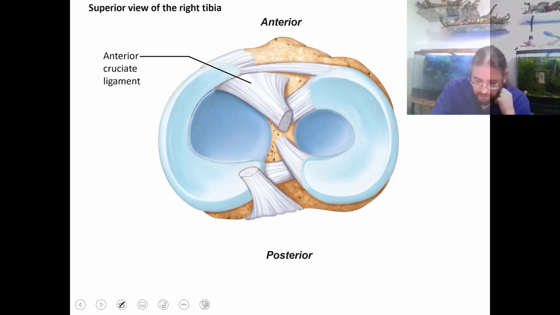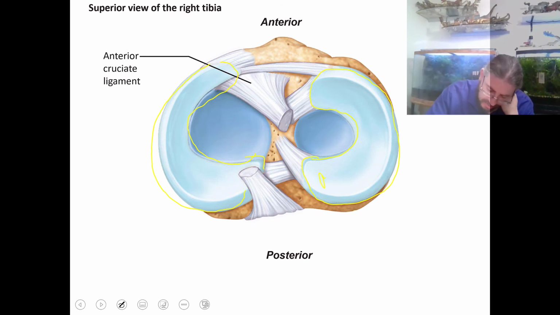A superior view of the proximal end of the tibia, really showing our meniscus extremely well there.